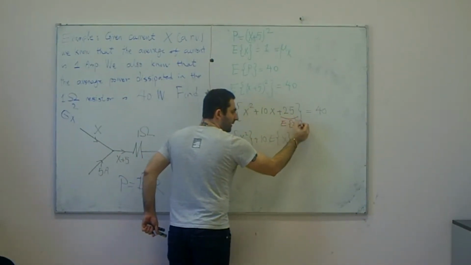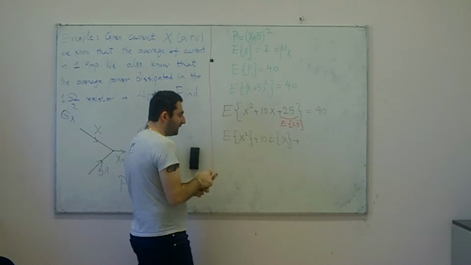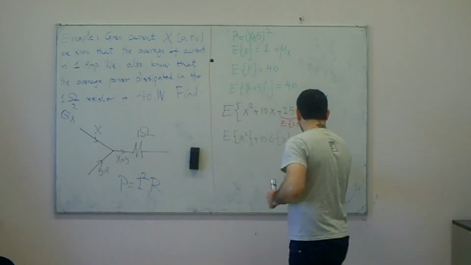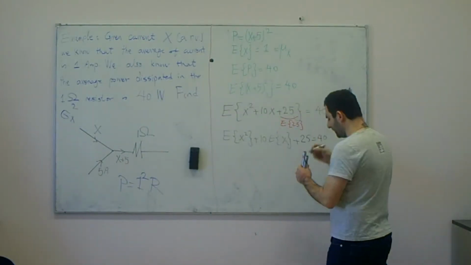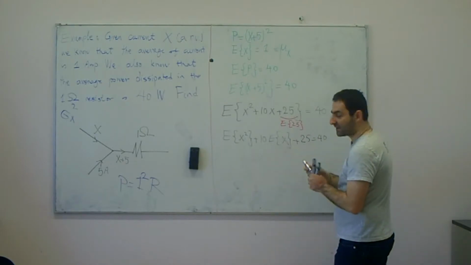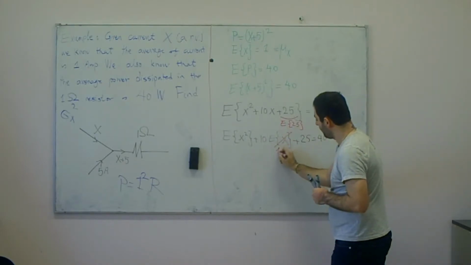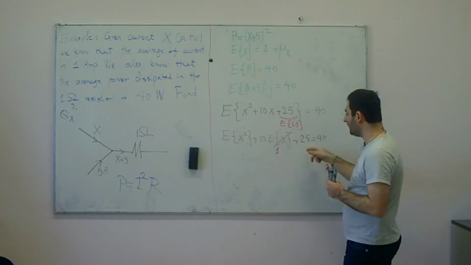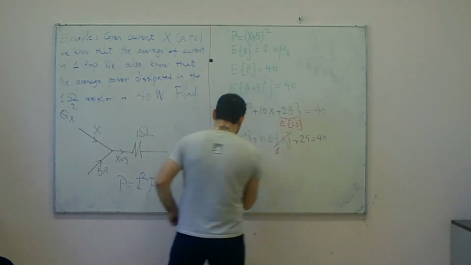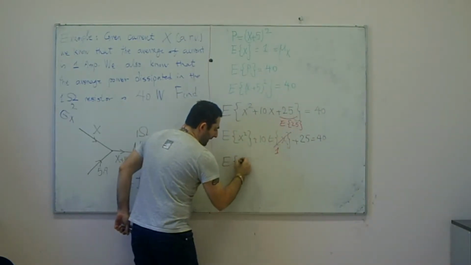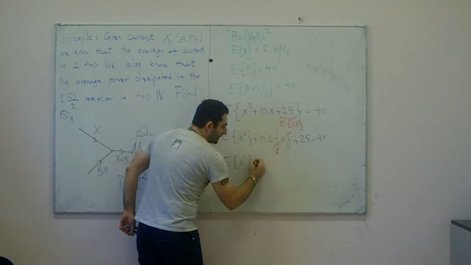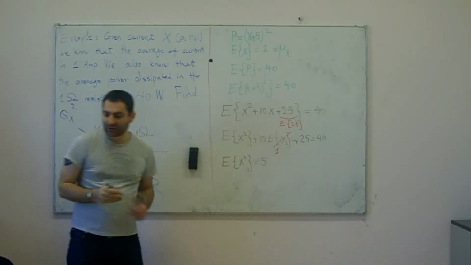Yes, the expected value of a constant is itself. This is 40. What is E of x? 1. So it will be 35. So from here we understand that E of x squared is equal to 5. You will calculate this.